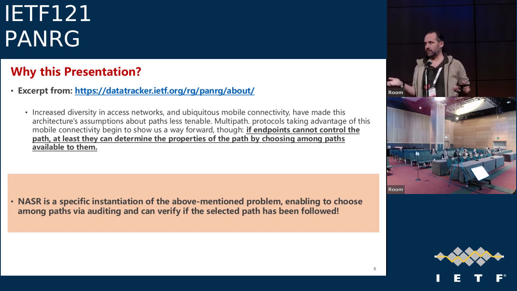I have a set of paths available, I audit them, and then I select the one most suitable to me for the trustworthiness and properties that I need. Then I send my traffic, and possibly I audit that my traffic goes through the path that I selected. And I think that's all I have to say.